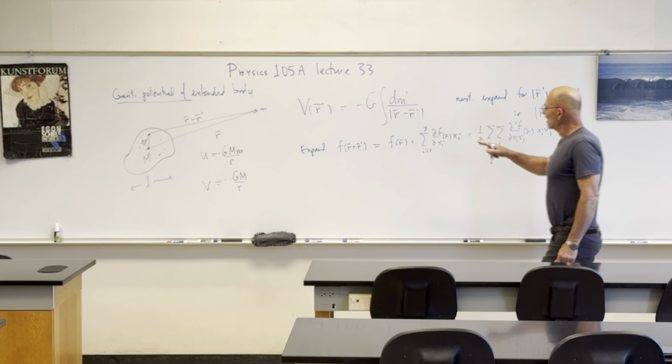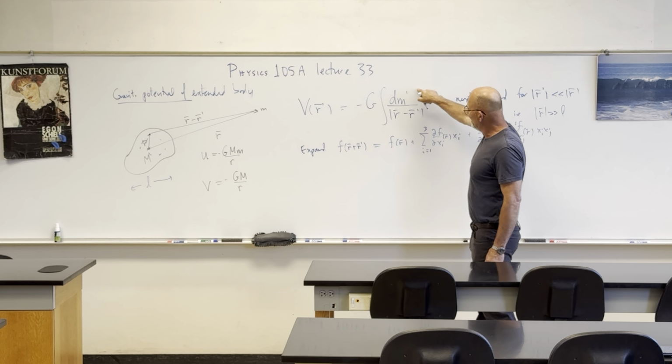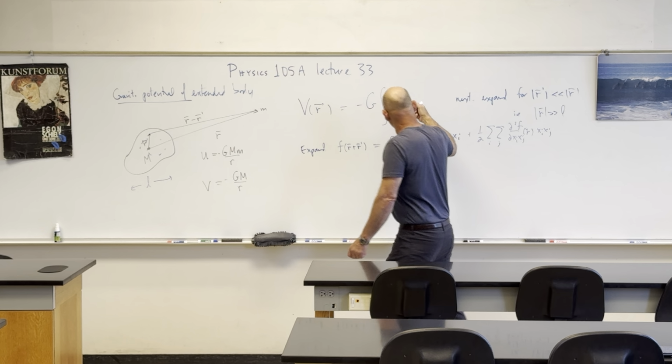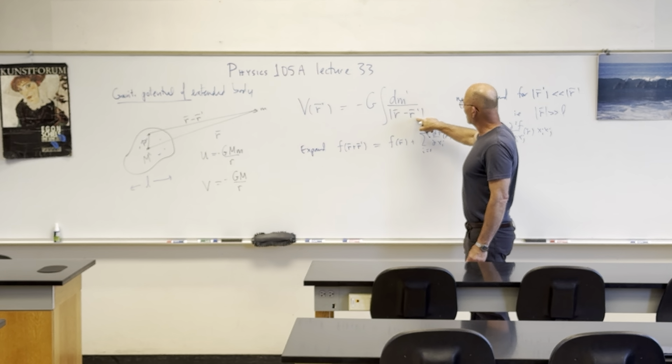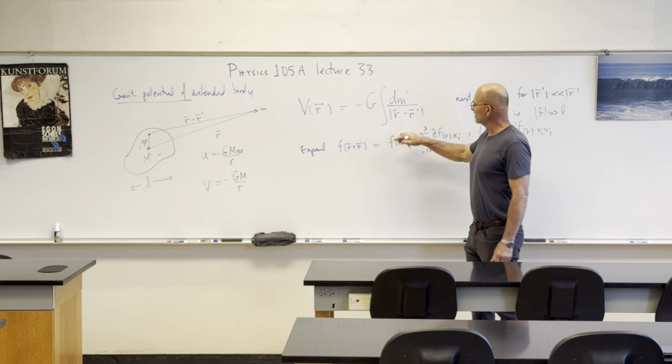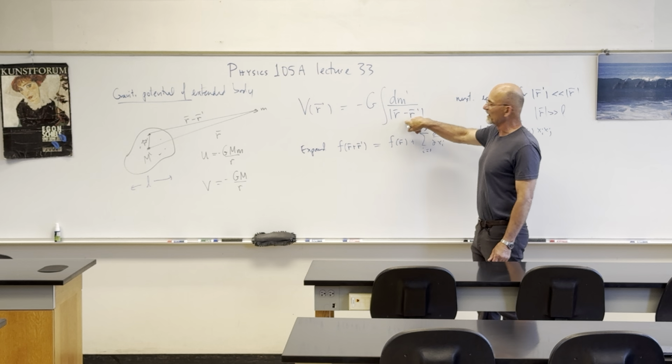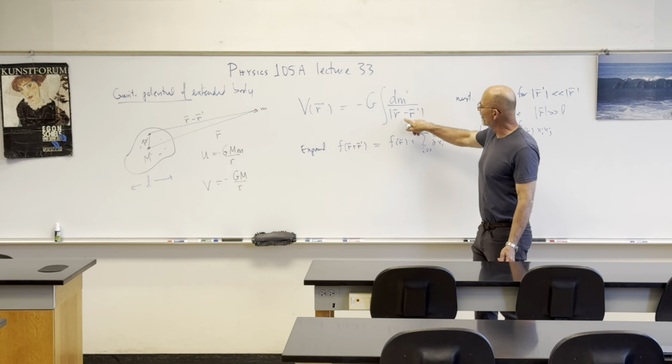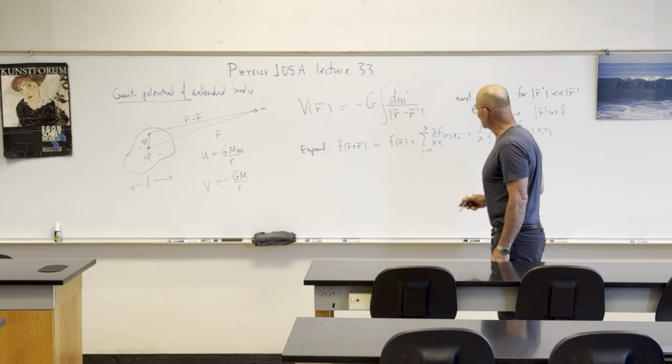So this function, 1 over the magnitude of R minus R prime, where my plus R prime is my negative R prime, so I just have a minus sign built in here, that'll be no problem.